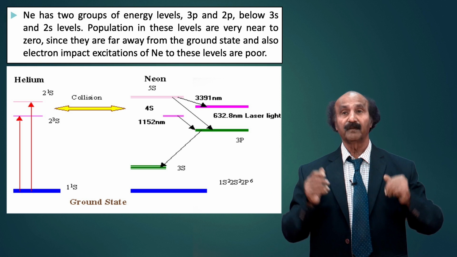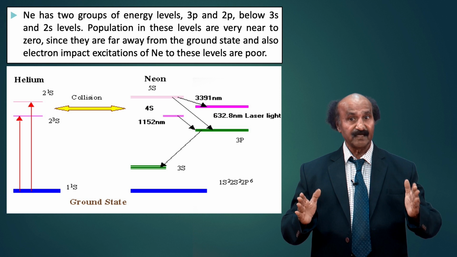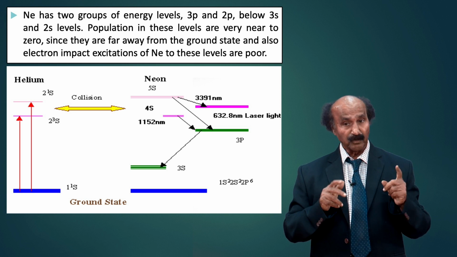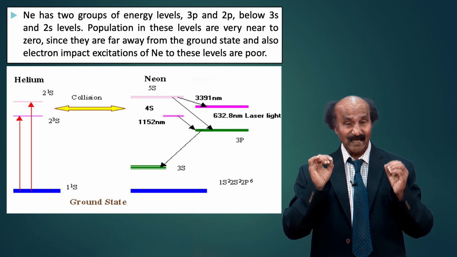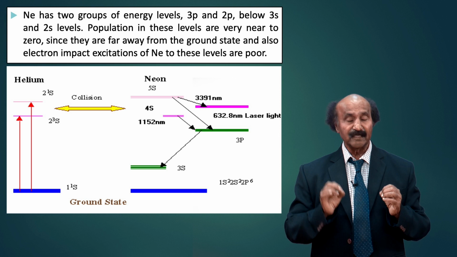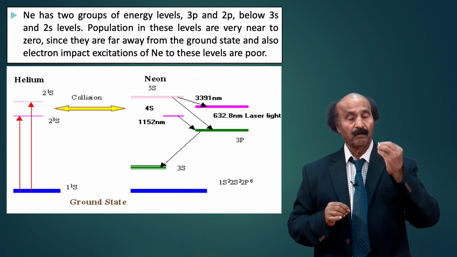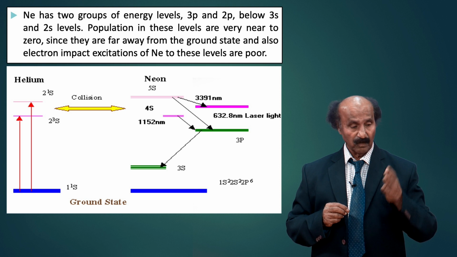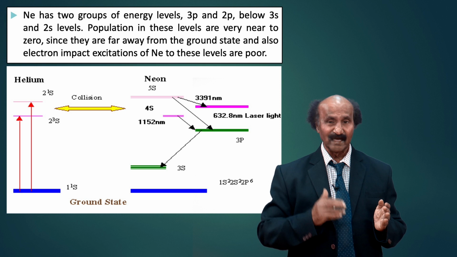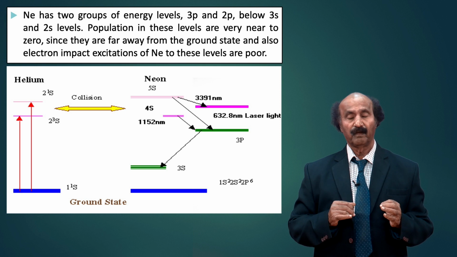How to do that one? To do that, you need specialized laser mirrors which have lambda by 2 stacks, half lambda stacks. That is, you prepare a thin film coating of two types of material, low refractive index and high refractive index, each of thickness lambda by 2.